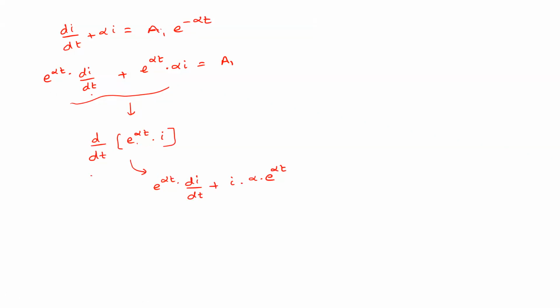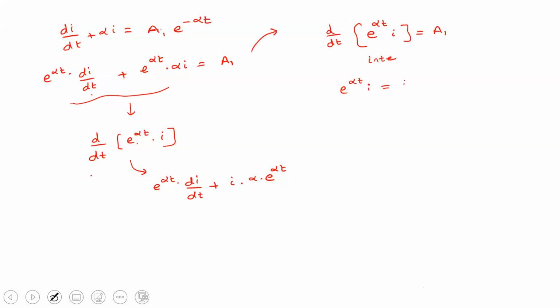Okay. So now this entire thing can be rewritten as d by dt of e to the power of alpha t into I, which is equal to A1. Again, integrate this one. If you integrate this one, what will you get? e to the power of alpha t into I equal to A1 into t plus some other constant A2, right? You agree with this?